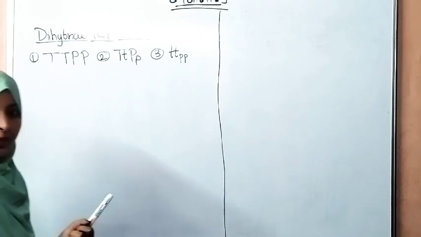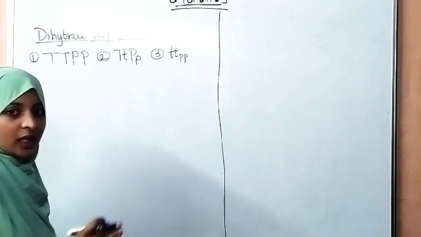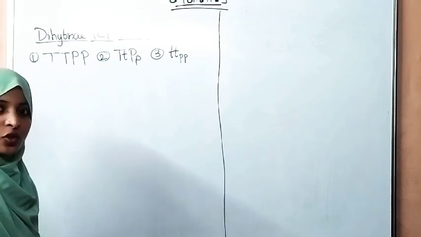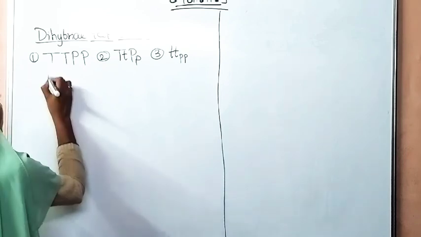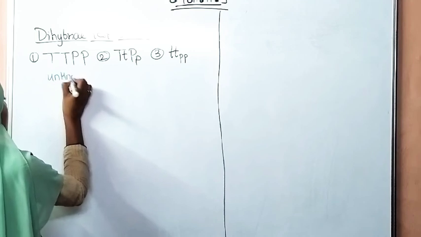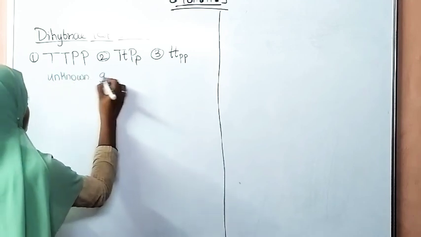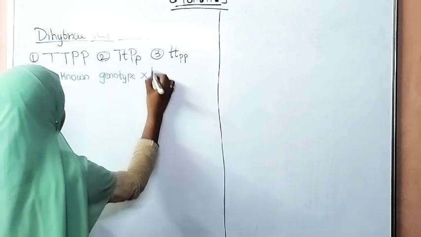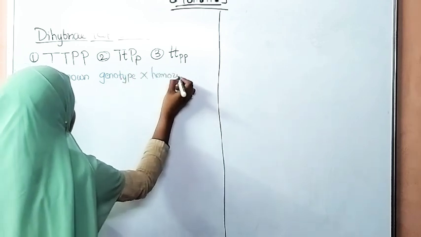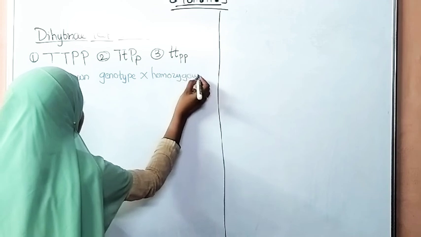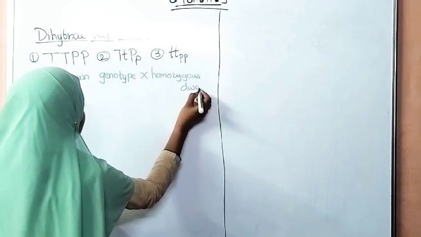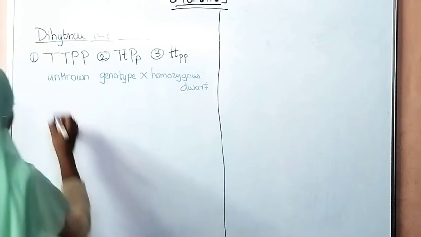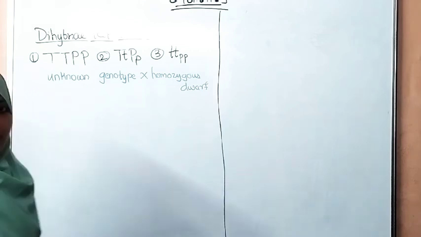Okay. Now, if we are going to discuss the test cross, we wrote in our previous video one statement: the unknown genotype crosses with the homozygous dwarf condition. Now see here, the first condition we are going to discuss.